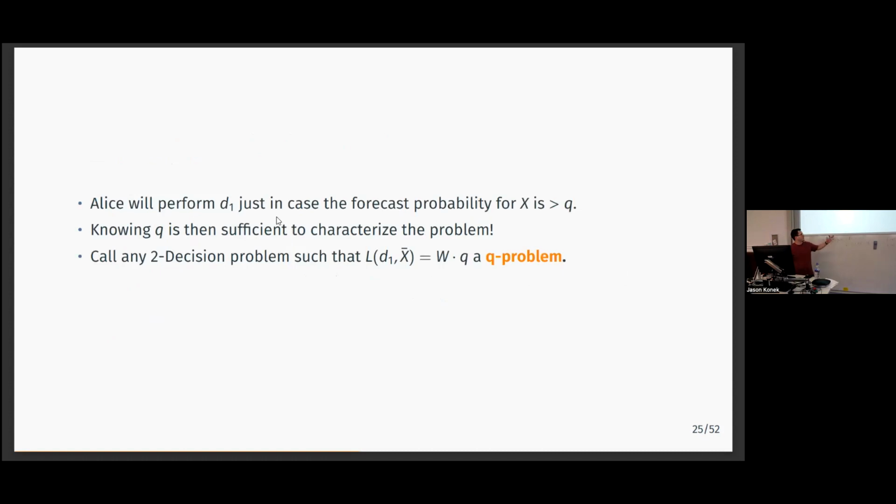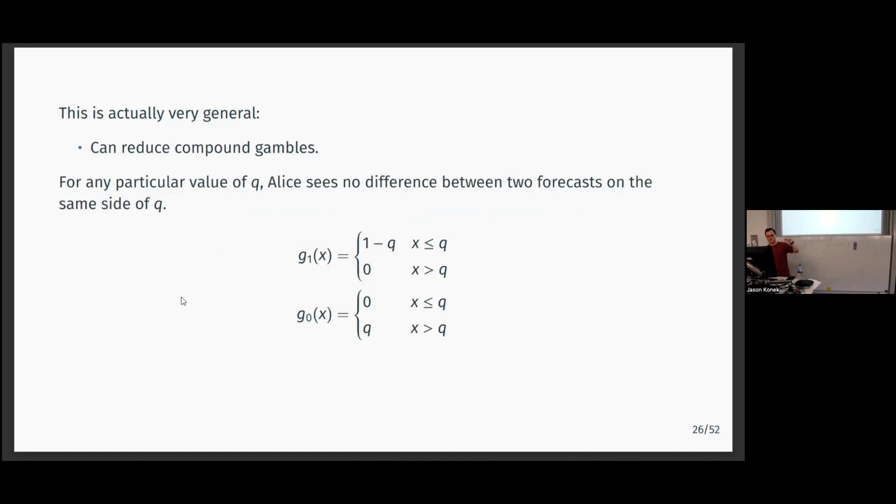So basically, you take a given problem like that, there's going to be some cutoff point Q, and we're going to call that a Q problem. This is fairly general, not fully general, but you can reduce a lot of compound gambles.